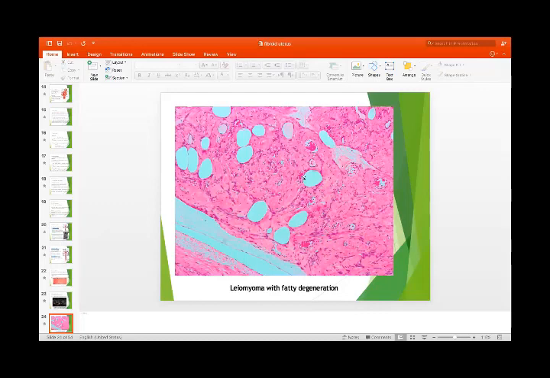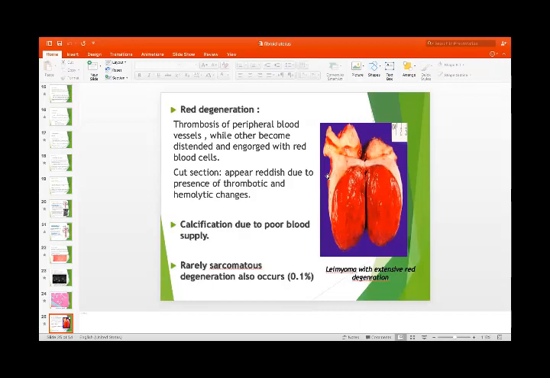This is fatty degeneration, with fat inside the fibroid. Red degeneration is a special type of degeneration which occurs only in pregnancy. There is thrombosis of the peripheral blood vessels, while others become distended and engorged with red blood cells. So it appears red on cut section due to the presence of thrombotic and hemolytic changes. This degeneration occurs only during pregnancy.